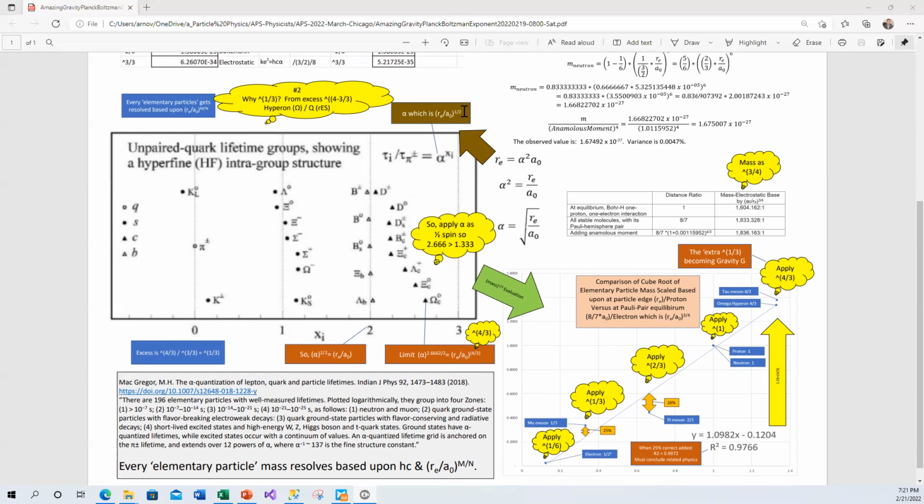That half appears all the time. That means that this number, the mass of an electrostatic function and the release time at the square root, at the cube root, depends upon 2.66. But if you convert it to my scale, it's going to be 1.333, 4/3, to the power of 4/3.